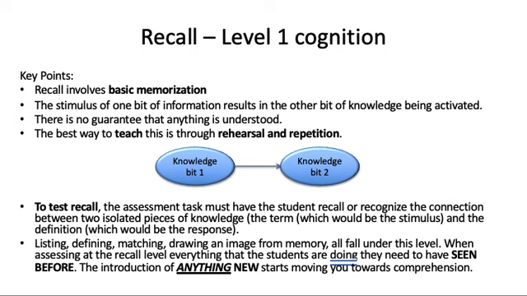But the key thing is, if I just want students to memorize things like, Madison is the capital of Wisconsin, I just need them to rehearse it. And when I ask them the question, I can't say, what's the capital of the Badger State? Because they may not know that I'm referring to Wisconsin. All the states have their nicknames and so on.